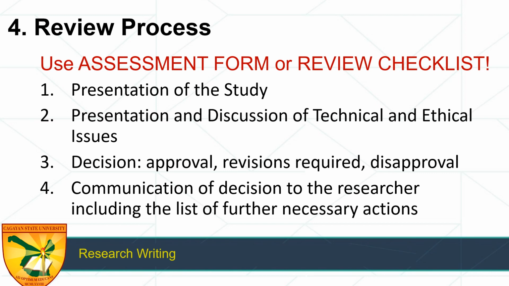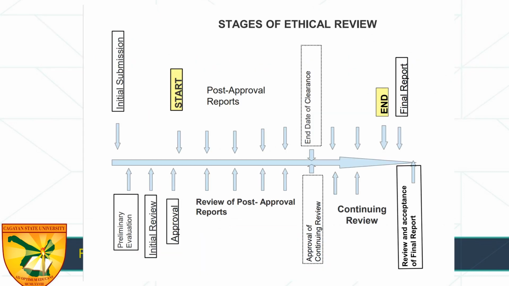So a good review is systematic, fair, and transparent. It will ensure the scientific and ethical acceptability of the research and makes it credible and worthy. These are the benefits from your review. So these are actually the stages of the ethical review. We have the initial submission, a preliminary evaluation, an initial review, and an approval.